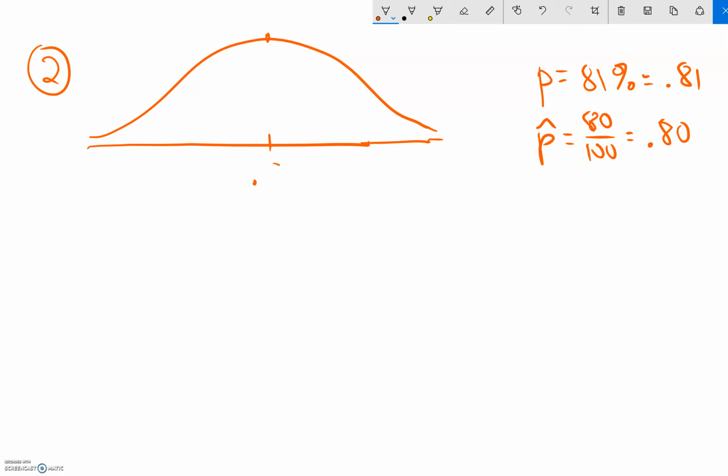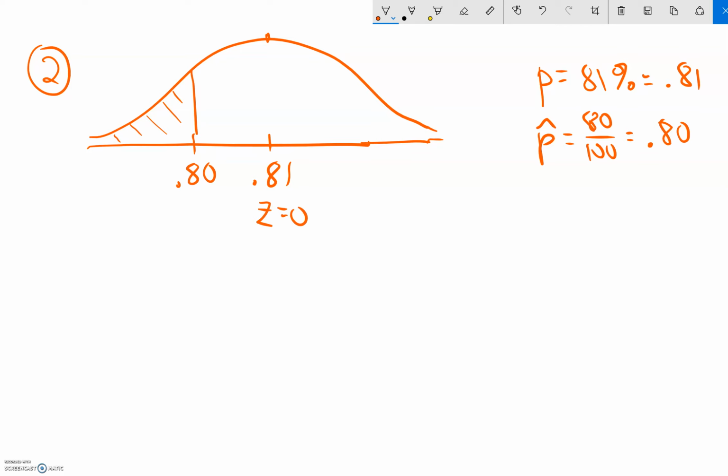So we know our population proportion goes here. Means 0.80 is here. And when we say that no more than 80 out of this 100 would be registered Democrats, then we're saying no more than 80%, which means 80% or less. So we're looking for this area to the left.